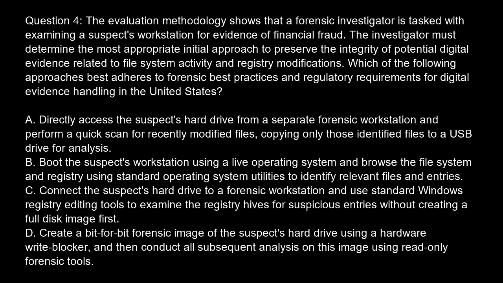Option C. Connect the suspect's hard drive to a forensic workstation and use standard Windows registry editing tools to examine the registry hives for suspicious entries without creating a full disk image first. Option D. Create a bit-for-bit forensic image of the suspect's hard drive using a hardware write blocker, and then conduct all subsequent analysis on this image using read-only forensic tools.